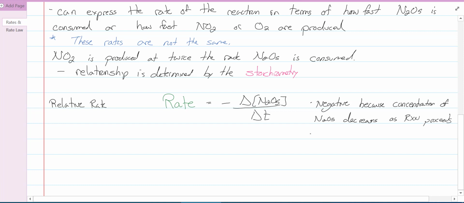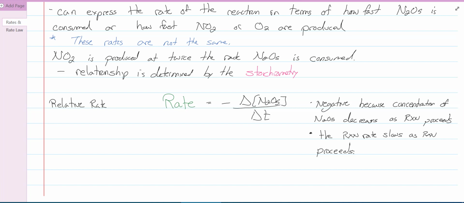Also, it's good to know that the reaction rate slows as the reaction proceeds. So the reaction will go faster at first and then slow down, kind of like popping popcorn. Once it starts to go, the popcorn goes and then it slows down. And if you do microwave popcorn, you can burn it if you leave it in there too long.